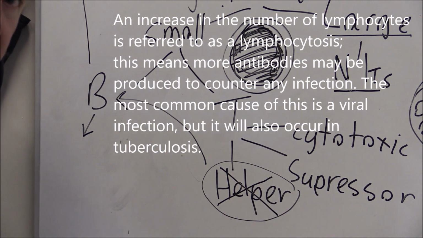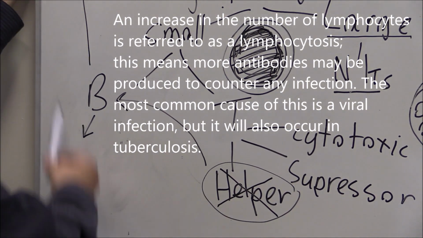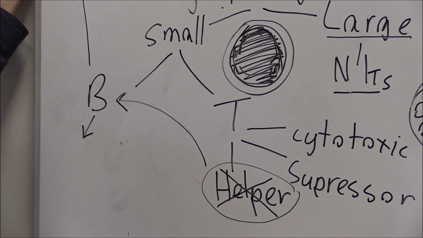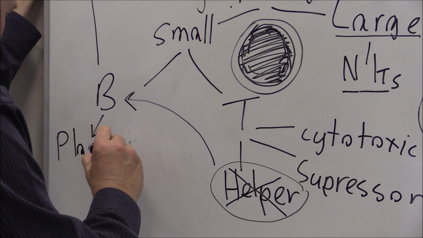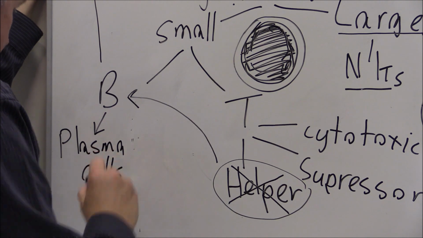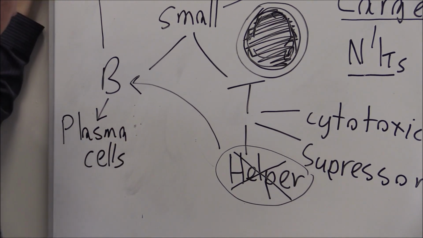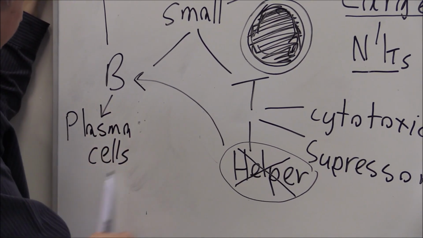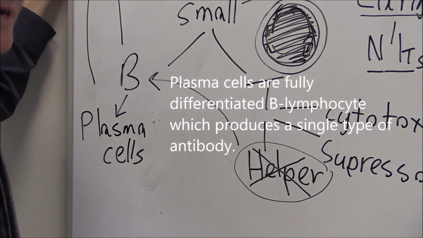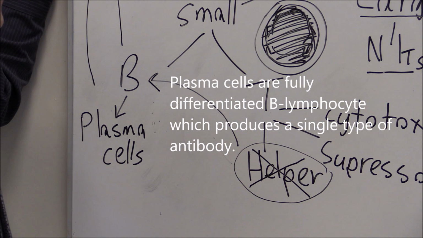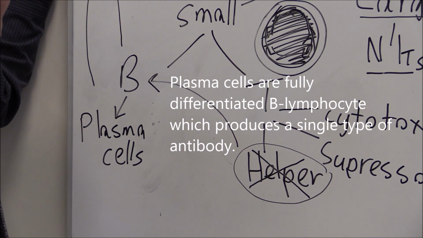But when there is an infection, the B cells proliferate, there's a process of proliferation, and you get millions or billions of these B cells produced in order to produce huge amounts of immunoglobulins, and these are called the plasma cells. So if someone had a viral infection, for example, you would expect the number of plasma cells to increase so that huge amounts of immunoglobulins can be produced to get rid of the infection.